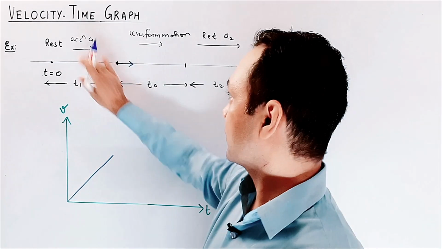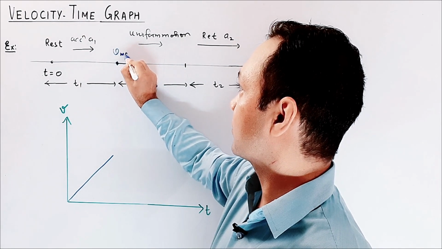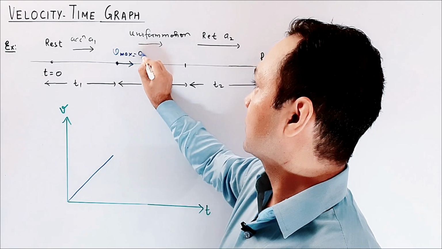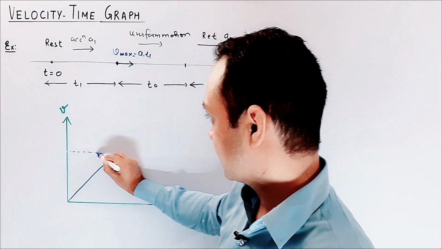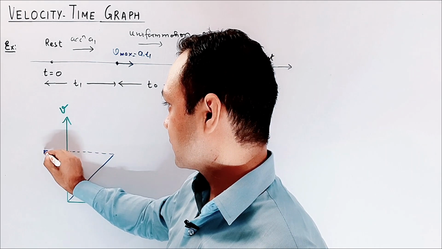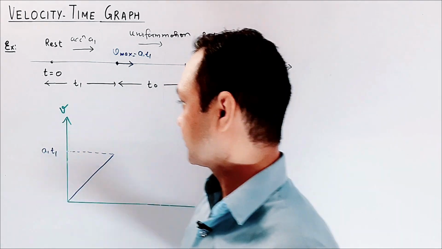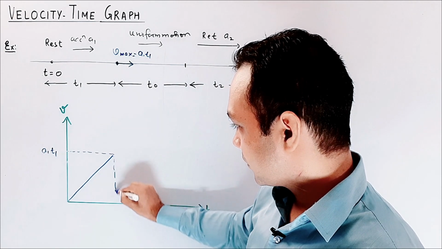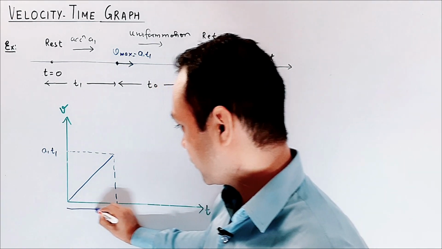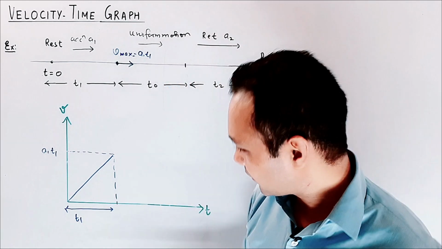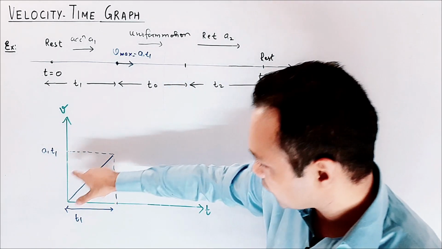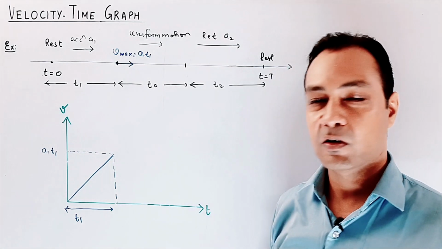So v max is equal to a1 t1. This velocity is a1 t1, and this time interval is t1, and the slope is this divided by this, that is a1 t1 by t1, which is a1.